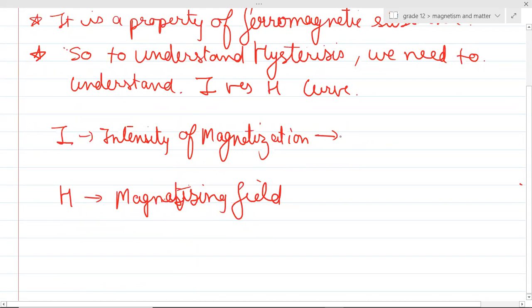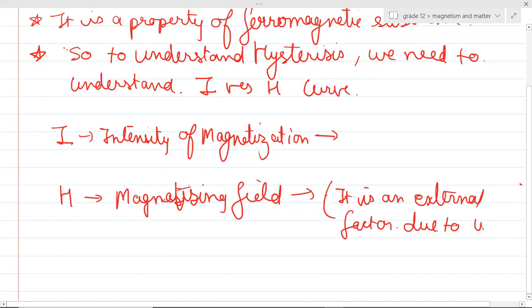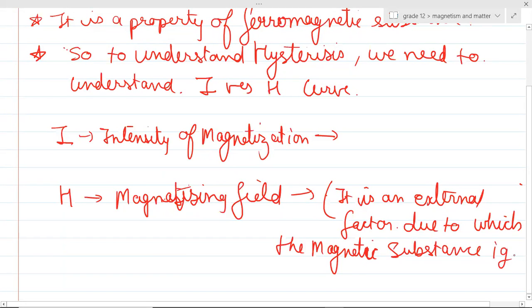So in simpler terms, if I say what is H, H is an external factor due to which the magnetic substance is getting magnetized.